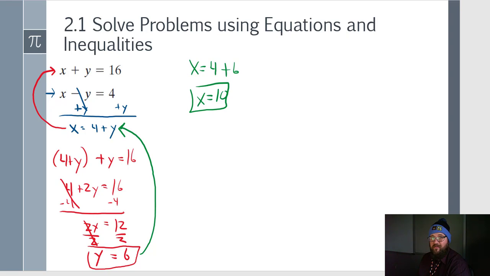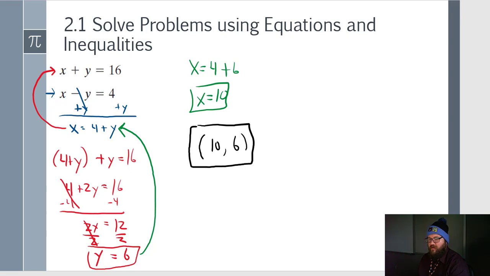Now, to write this in the proper ordered pair for solving these two equations, you're simply going to write our x value is 10, comma, our y value is 6. This is the answer. The ordered pair that works for both these equations is 10, 6.